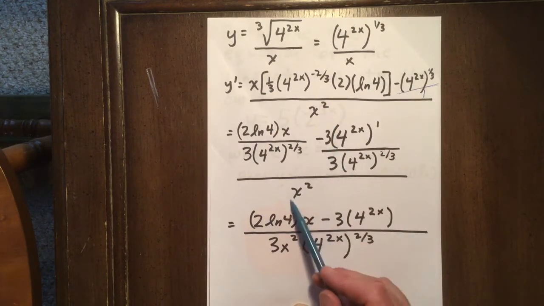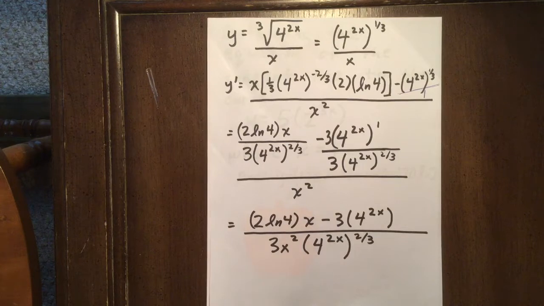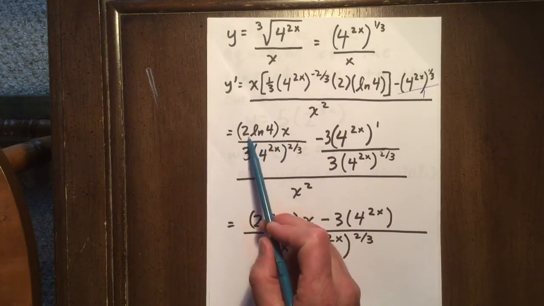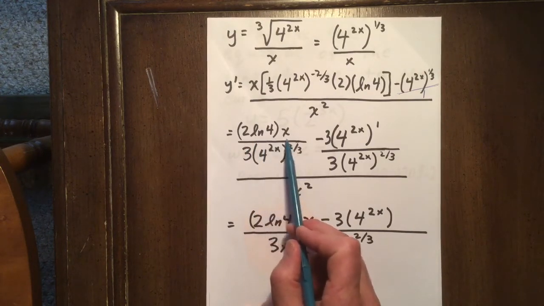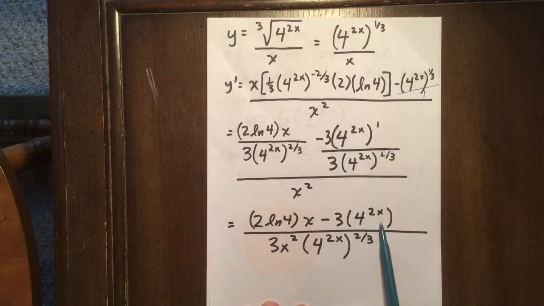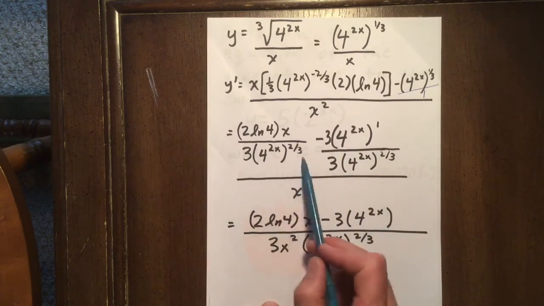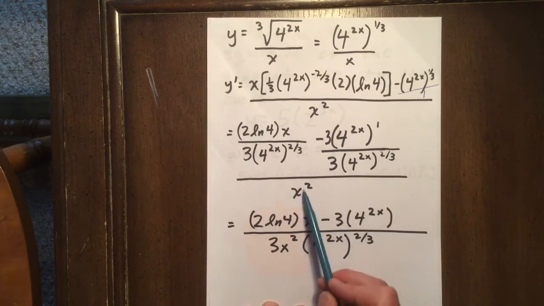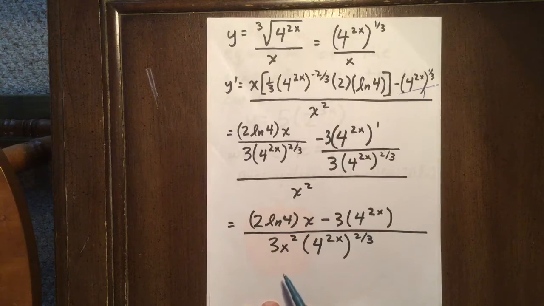We still have x squared in our denominator. Now we are going to realize that we can subtract. We've got 2 ln 4 times x minus 3 times 4 to the 2x. And we have this expression in our denominator, but we also can just multiply by x squared. It's one of the properties of fractions.